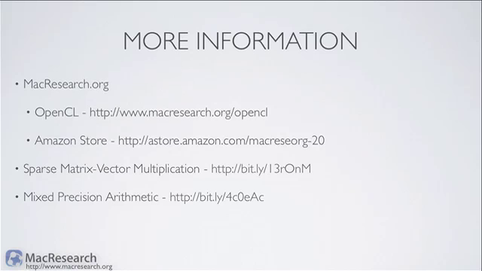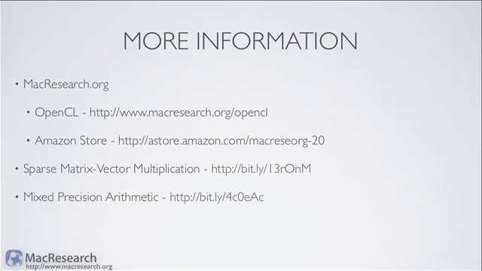The other thing I forgot to point out earlier is that there was this great paper put out at the end of December by Nathan Bell and one or two other people from NVIDIA on sparse matrix vector multiplication on GPUs. If this is something you're interested in, they talk about the different storage formats, the different optimizations, single versus double precision. Very well written, very well done. I encourage you to check that out.